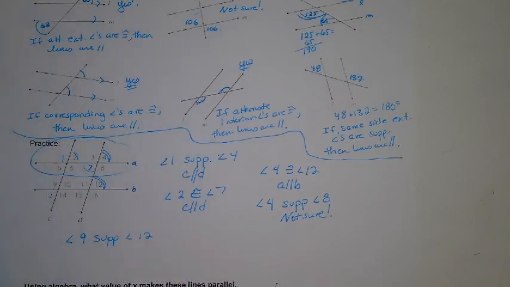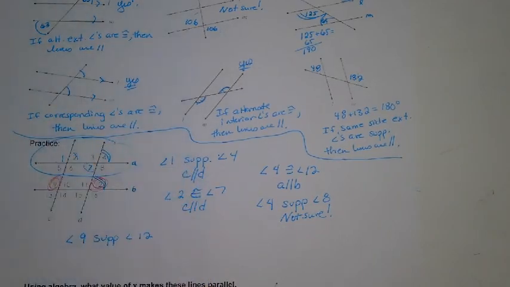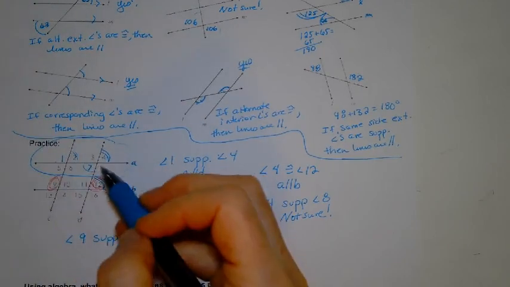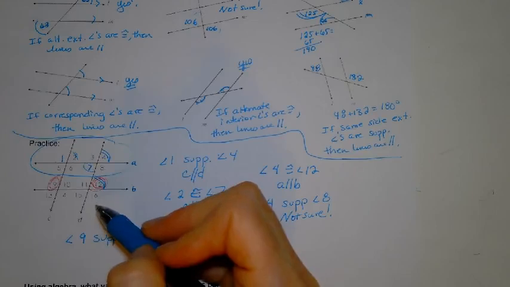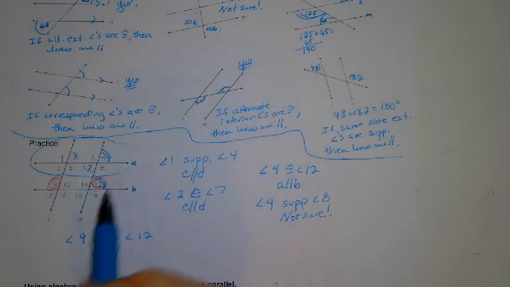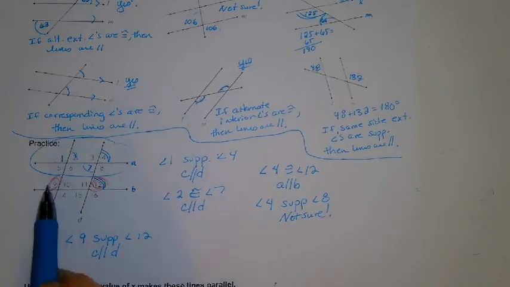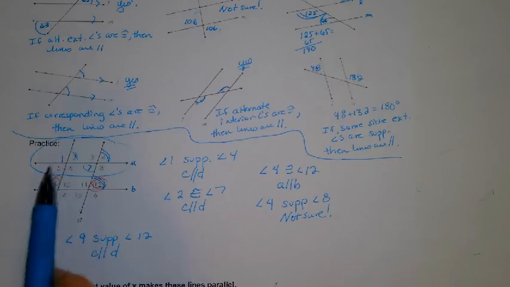Well, if they're supplementary, that means that same side exterior angles are supplementary, and that means that line C is parallel to line D. Because if these lines are parallel, then these two angles will be supplementary. And conversely, if these two angles are supplementary, then these two lines are parallel.